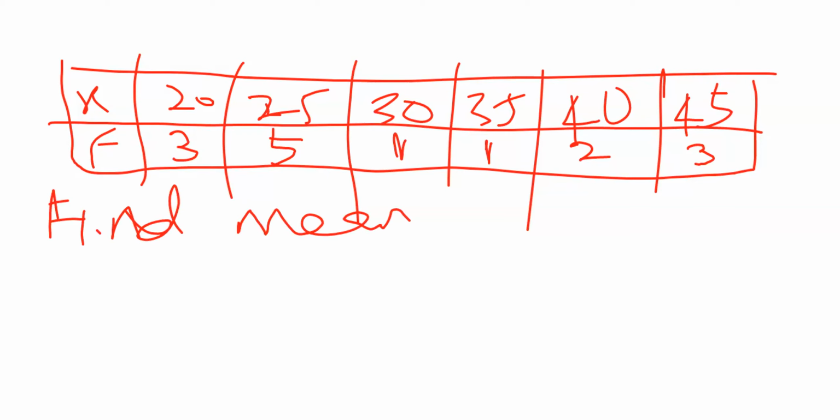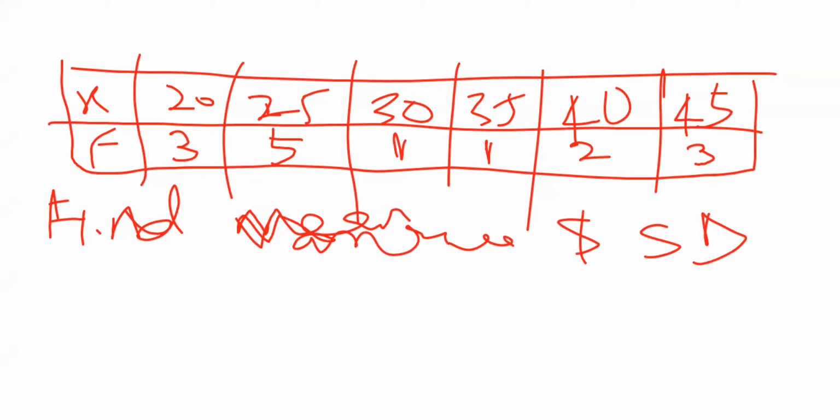We don't need mean for that one. So we just need to use assumed mean to find variance and standard deviation. Let's just go straight to variance and standard deviation. Remember, we're using assumed mean approach. Is it clear?